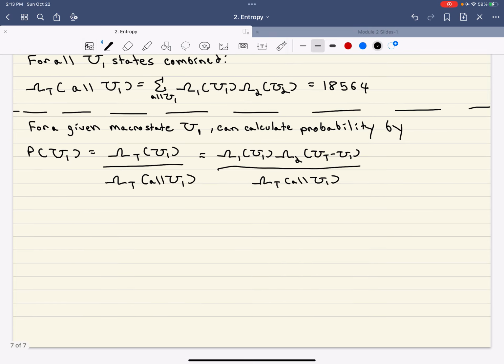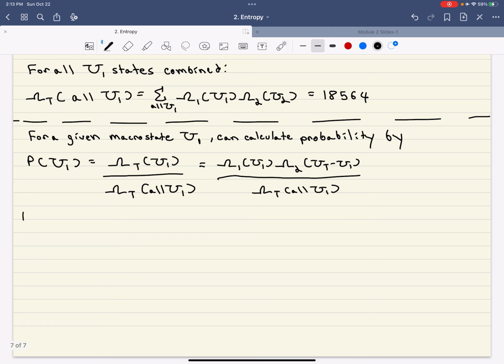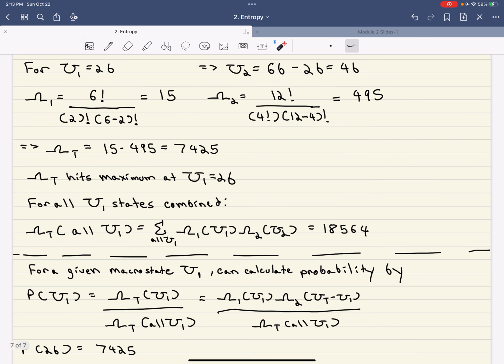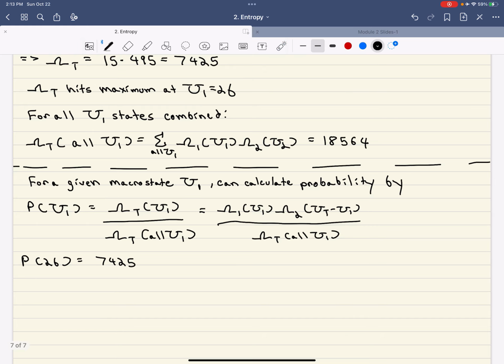And so if we plug in some values, for the case where U1 is equal to 2B, we have that 7,425 that we calculated earlier, and we're going to divide it by the 19,000 that we estimated earlier.